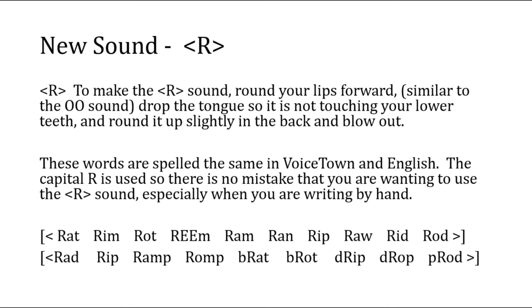Drop the tongue so it is not touching your lower teeth, and round it up slightly in the back and blow out. Er, er, er. Many of you roll your R's when you say them, so it's very important for you to get your lips moving forward for the sound.